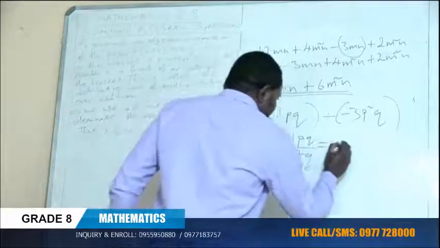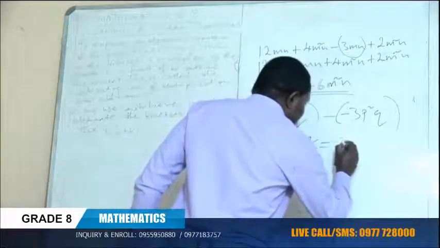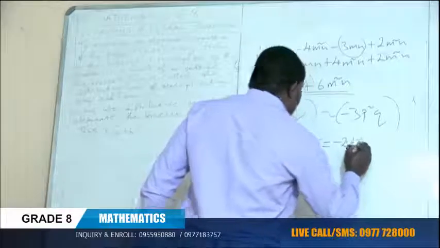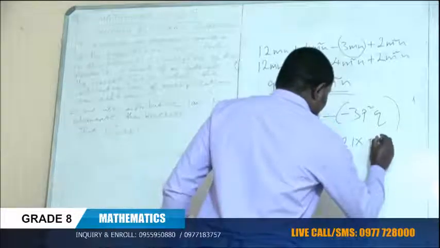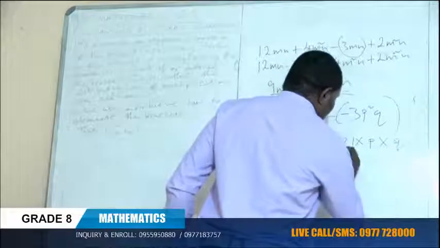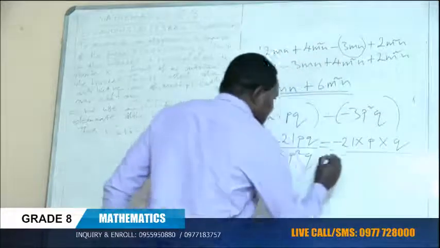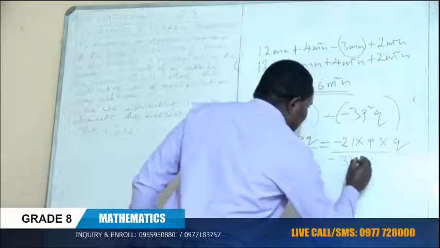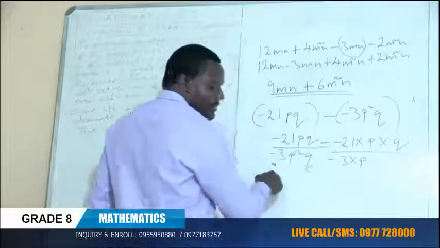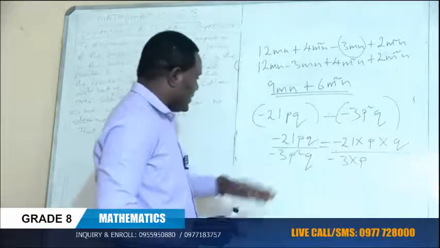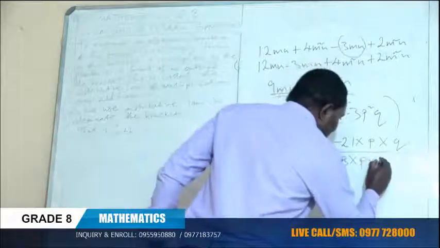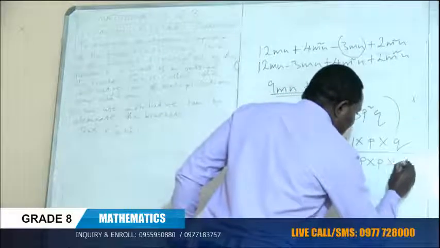We can further write this one as negative 21 multiplied by p multiplied by q over negative 3 multiplied by p. Remember, it's p squared. So p multiplied by p multiplied by q.